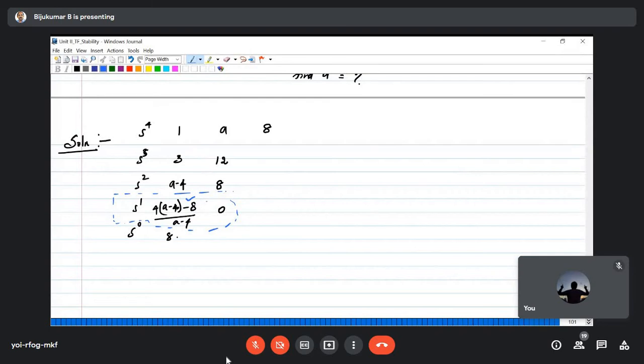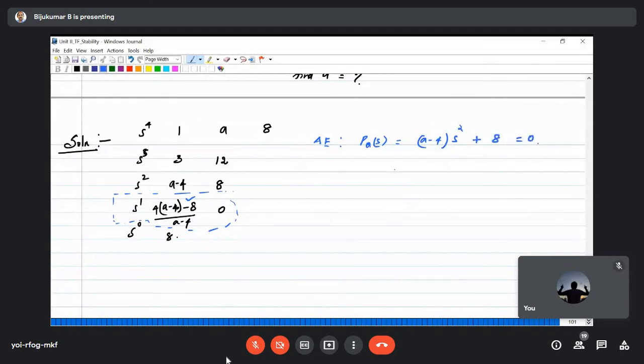So if all the elements are 0, we can write the auxiliary equation as the auxiliary polynomial. How can we write? A minus 4 s square plus 8 is equal to 0, right?